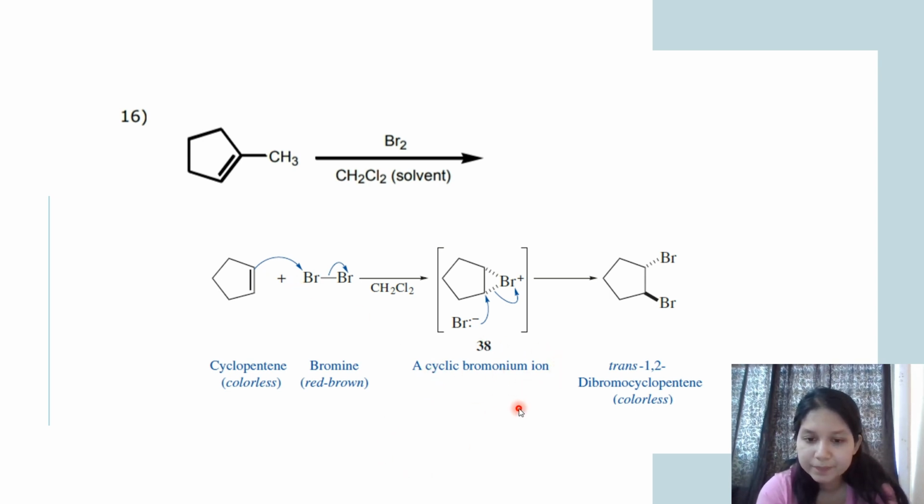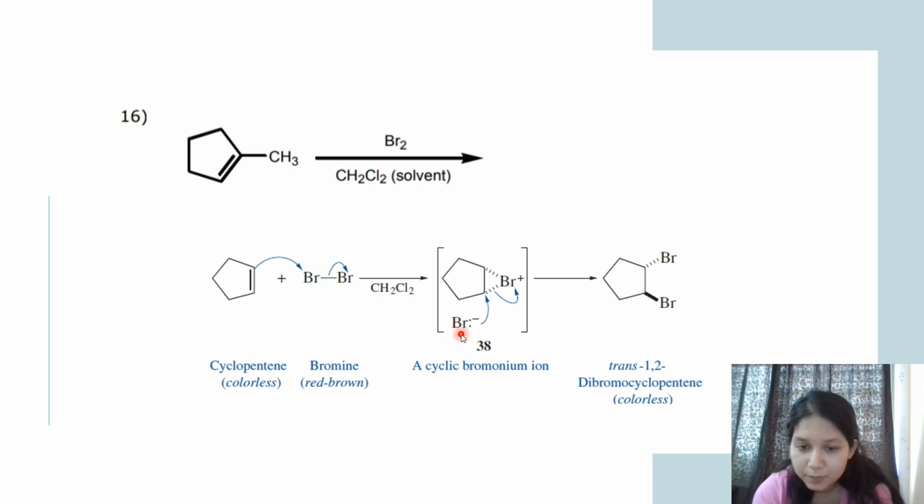bromonium ion. You must remember the cyclic bromonium ion is highly unstable and it immediately gets broken down by the counteranion bromide, which was knocked out in the first step.